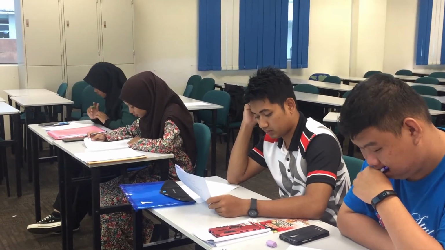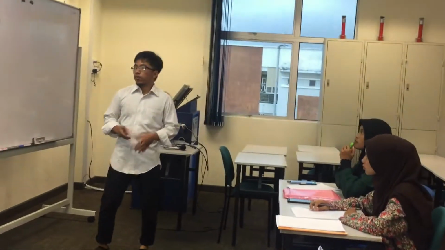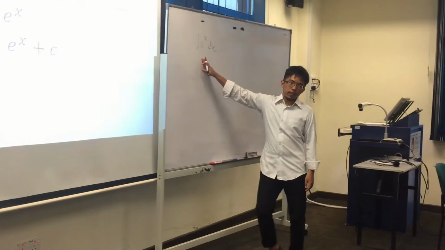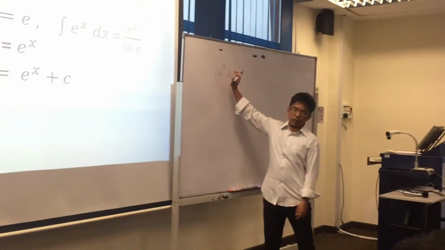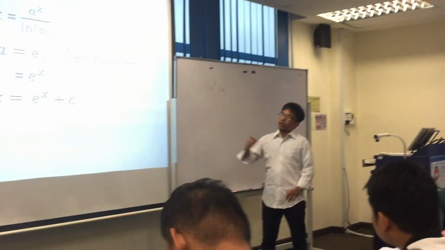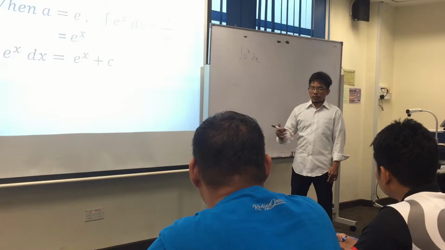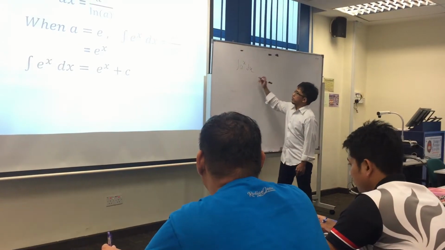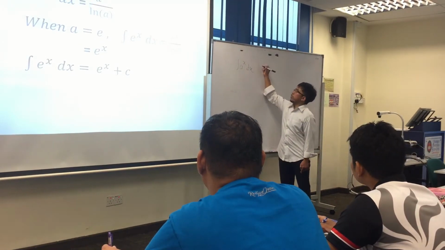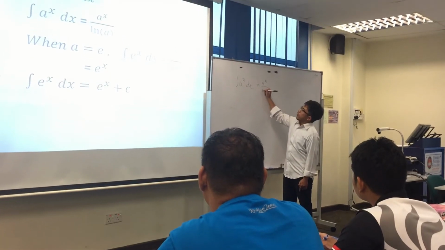As you can see in the notes and in the slide, there is a simplified version of it, where when we have a constant to the power of x, we can use the formula a to the power of x over ln a, which means when we integrate this part, we will get a to the power of x over ln a.